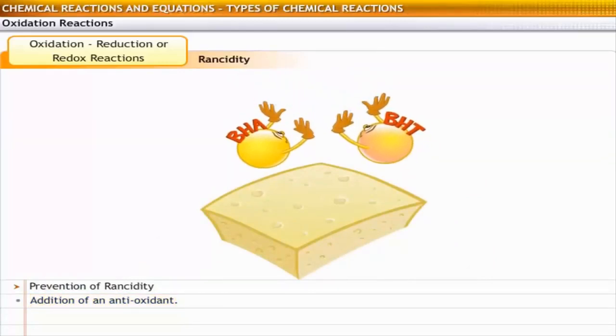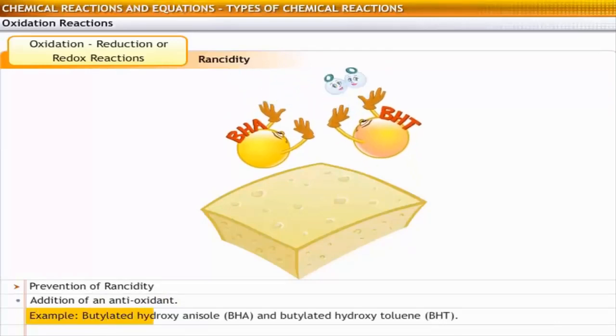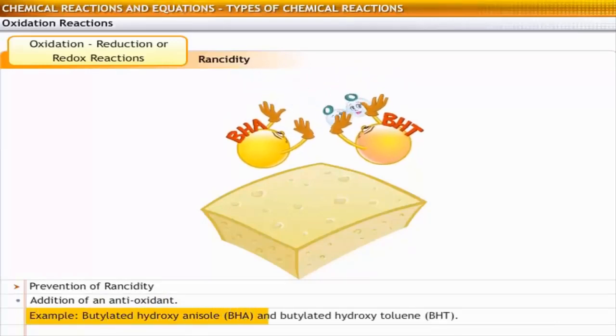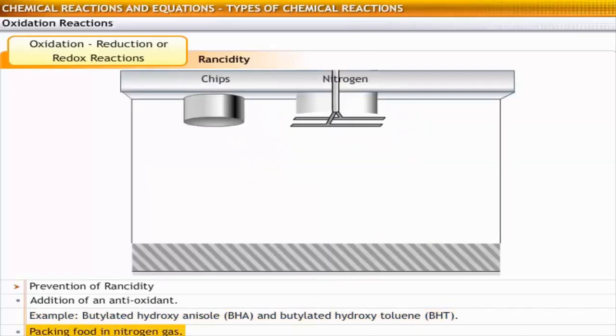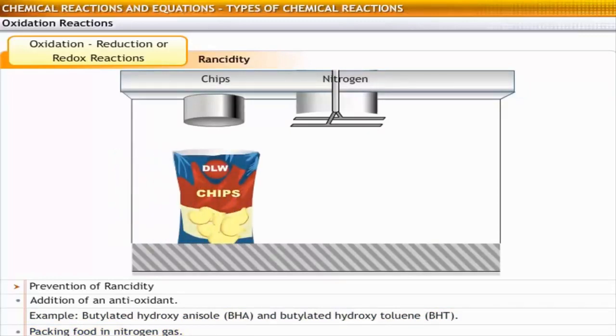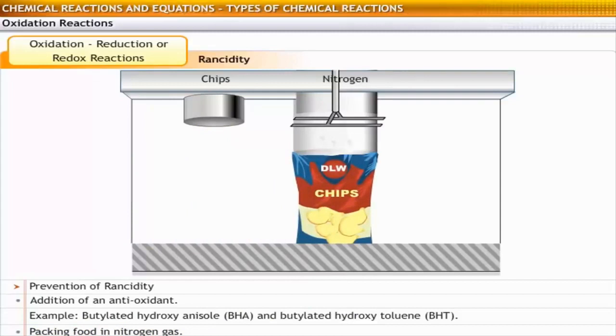Two common antioxidants used in food are butylated hydroxyanisole (BHA) and butylated hydroxytoluene (BHT). The other way is packing food in nitrogen gas, since nitrogen prevents oxidation of food. For example, rancidity in potato chips can be prevented by flushing the bags with nitrogen while packing.